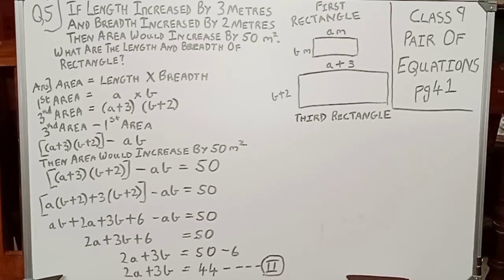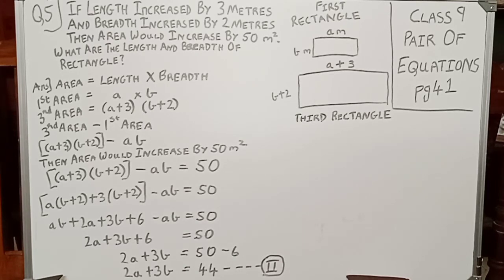So, third area minus the first area. Why third area minus the first area? Because the third area is greater than the first area, that is why we have used third area minus first area.